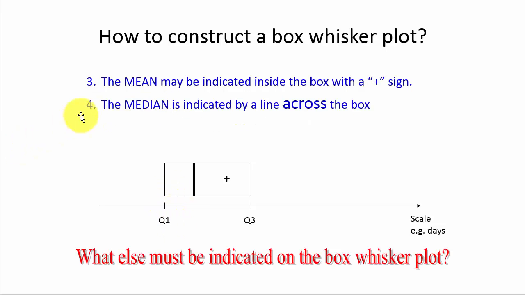The next step is to demonstrate the mean value with a plus sign. You may or may not see this illustrated, but there's an option. But what you will always see in a box-whisker plot is a line in the box that shows you where the median lies. So you have the Q1 and the median and the Q3, and occasionally a plus sign to show where the mean value is.